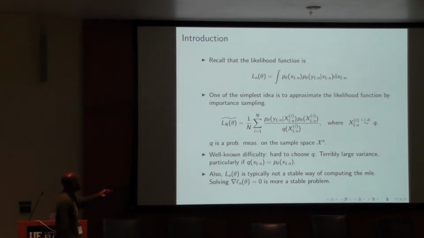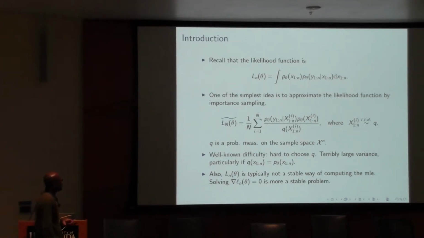You could maybe do a little bit better by doing SMC, sequential Monte Carlo, instead of importance sampling. But it turns out that if you do sequential Monte Carlo, the approximation is no longer smooth because of the resampling. You get something that is no longer smooth as a function of the parameter, and it becomes very difficult to maximize.